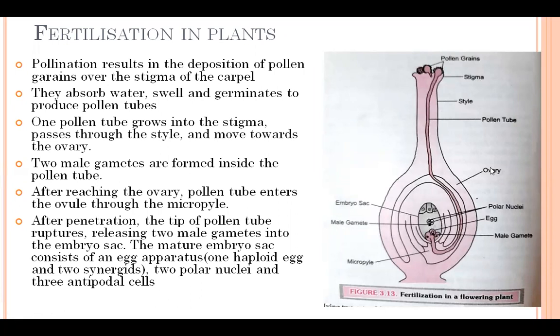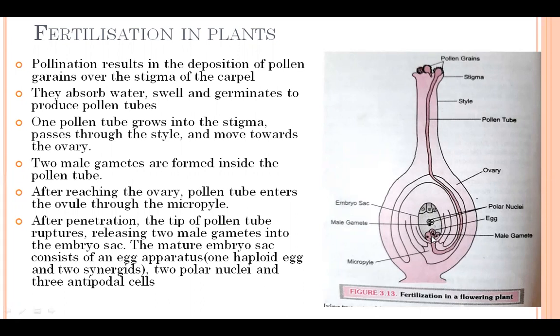Now these three antipodal cells are also providing nourishment. When the endosperm forms, these three antipodal cells will also merge with the endosperm. And for the egg apparatus, which process is happening here? Syngamy.